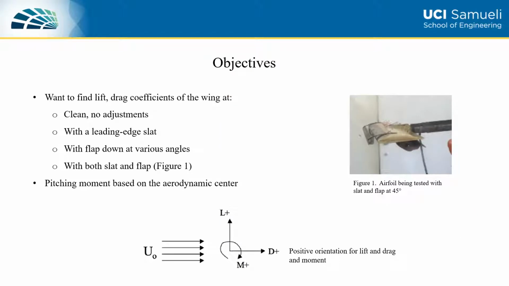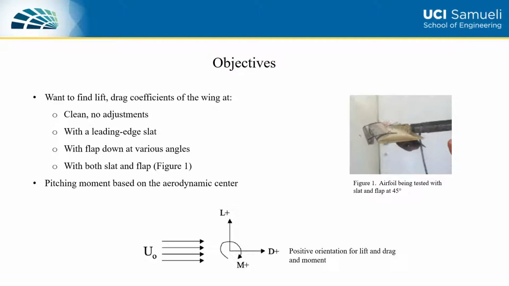So first off, our objectives. What we wanted to find was the lift and drag coefficients of the wing with four specific adjustments. First would be like our control, a clean wing with no adjustments, no flap or no slat.